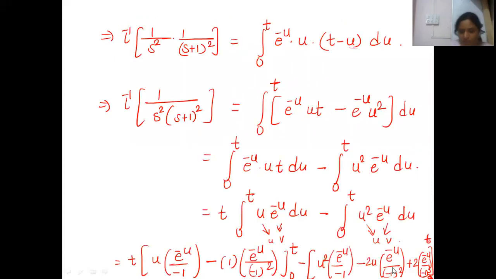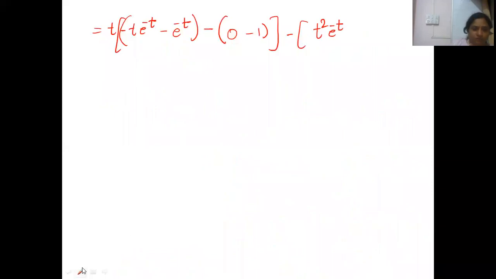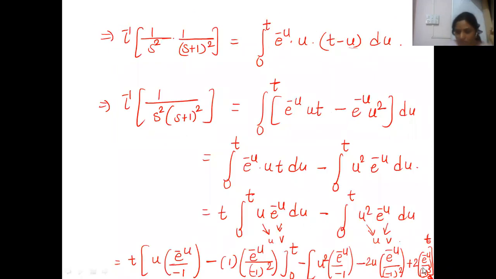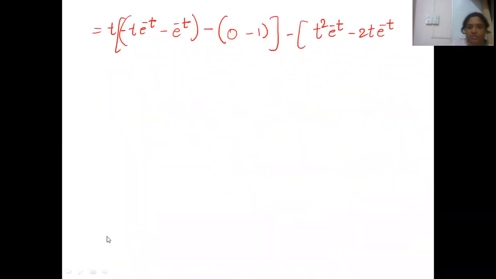Next, this is plus 1, so minus is there, 2t e raised to minus t minus. Next, this is minus, so this becomes minus 2 e raised to minus 1 cube is minus 1, right? So it becomes minus 2 e raised to minus t.